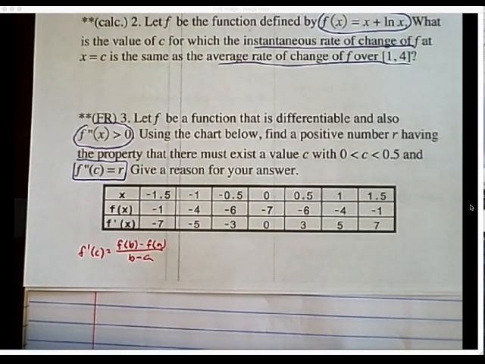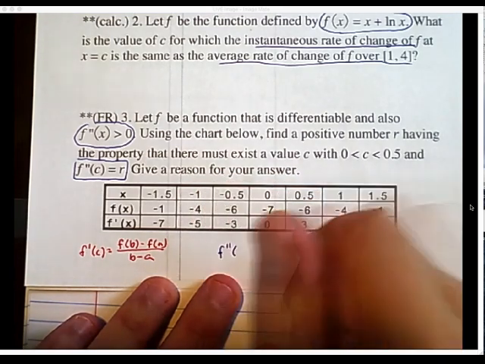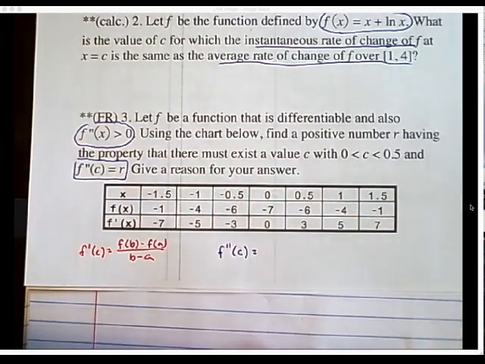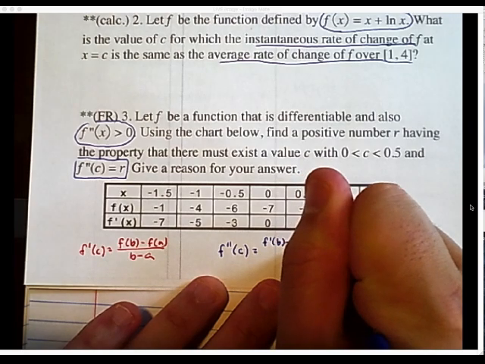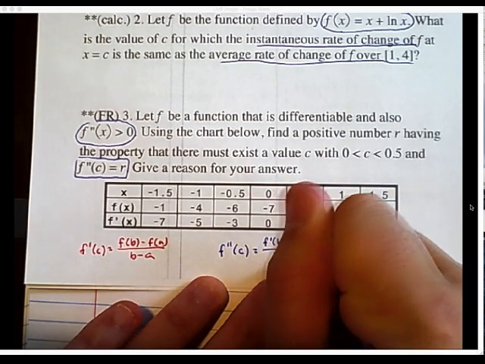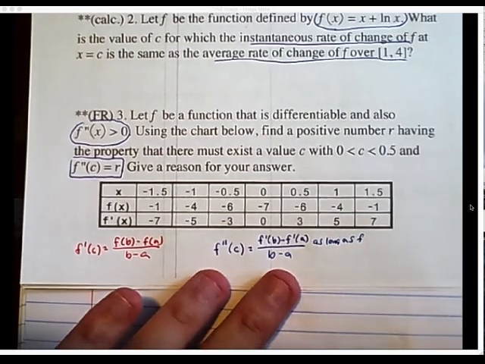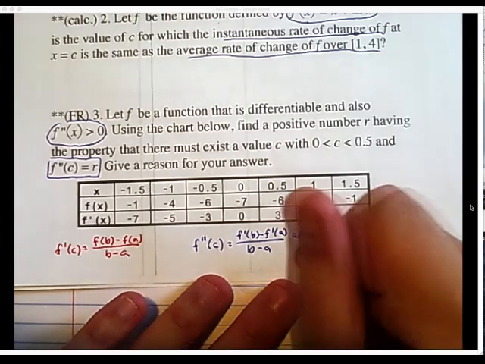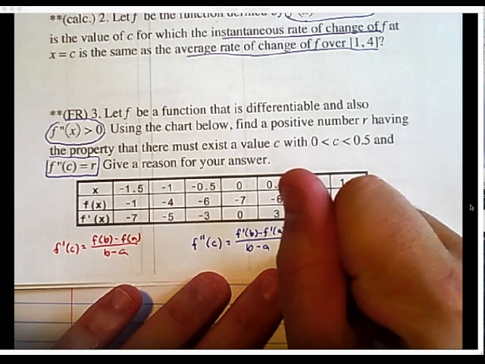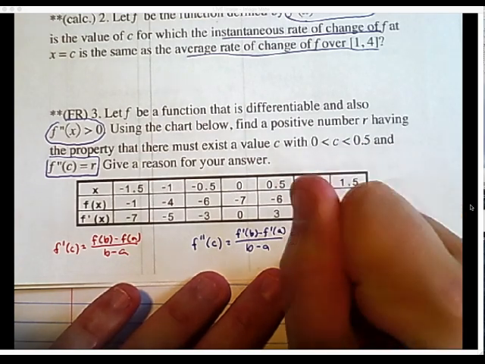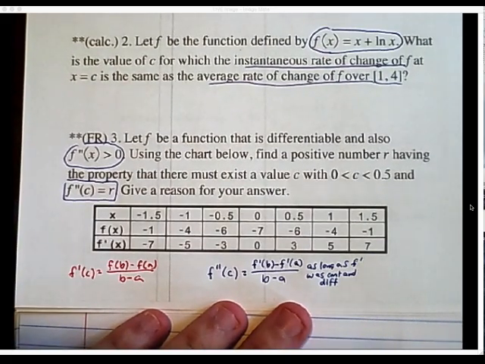If you go forward a derivative, that means f double prime of c would equal f prime of b minus f prime of a all over b minus a, as long as f prime was continuous and differentiable. So how do we know that f prime is continuous and differentiable?